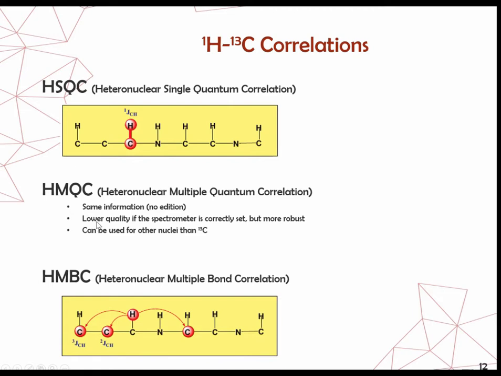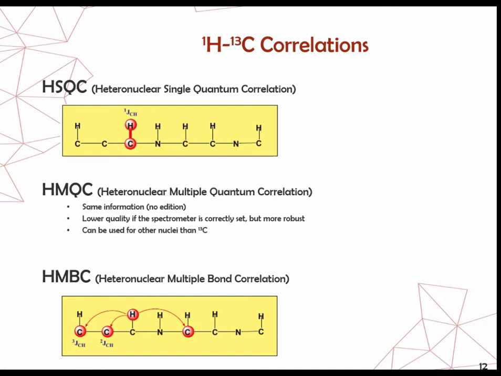For recent spectrometers, HMQC is usually of lower quality, but for a very old-fashioned spectrometer, it's more robust. But here, we don't need to use it anymore. Only use the HSQC experiment, and we have a variant. I will show you later that we have an edited HSQC that is much more informative.